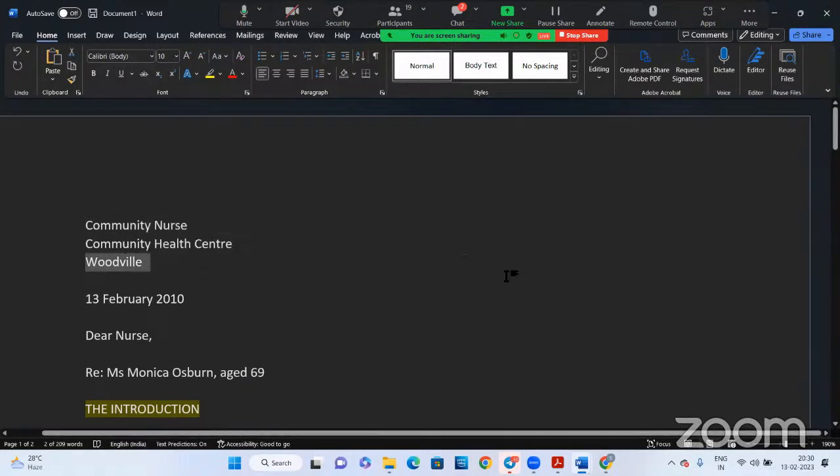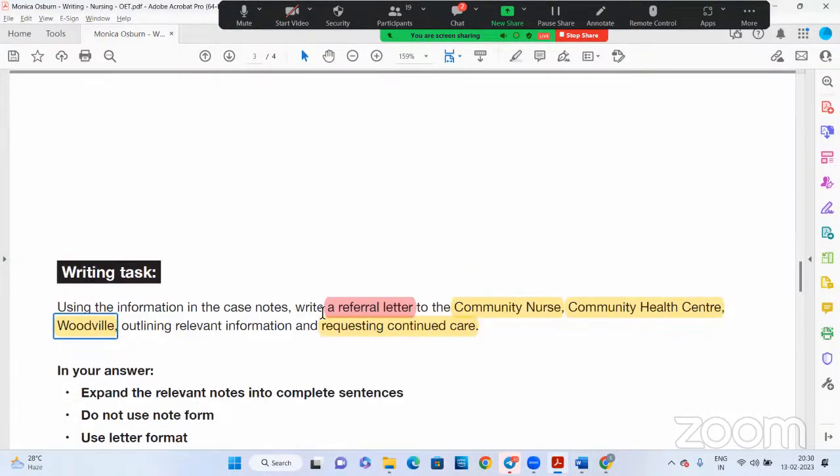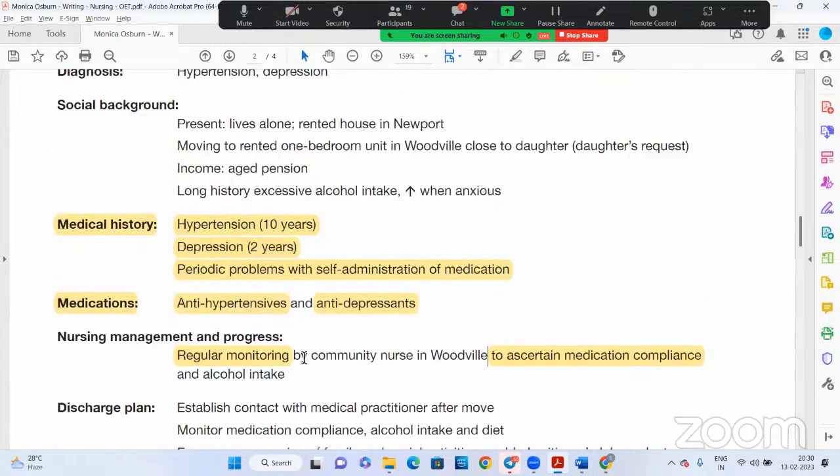So why should we repeat these things again? These things are eliminated. It is unnecessary and irrelevant, because we are writing to the community nurse, and they are in Woodville.